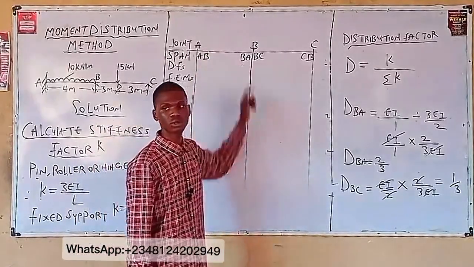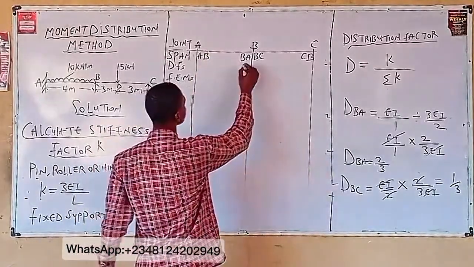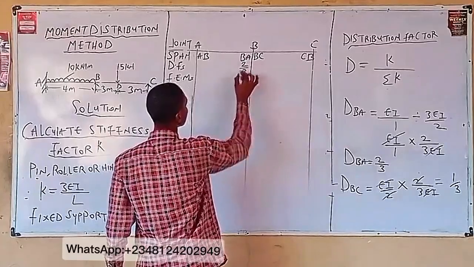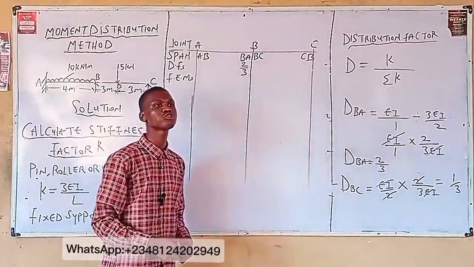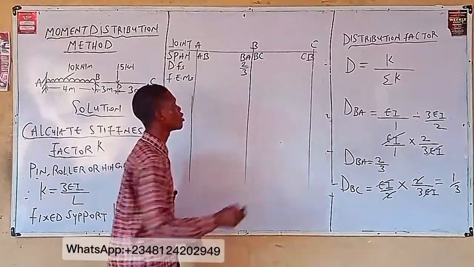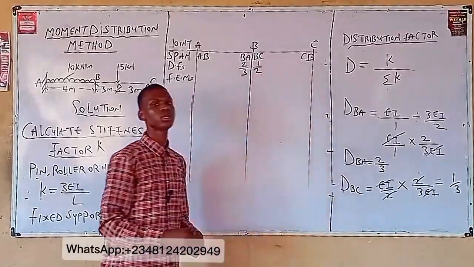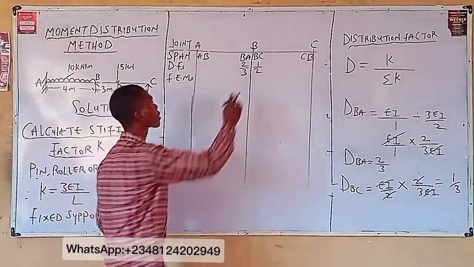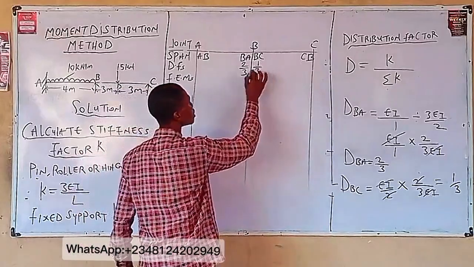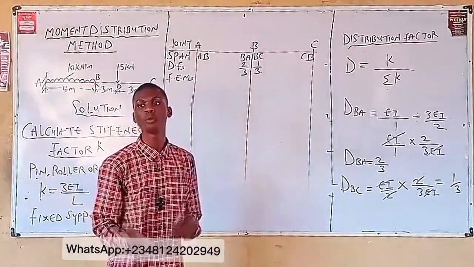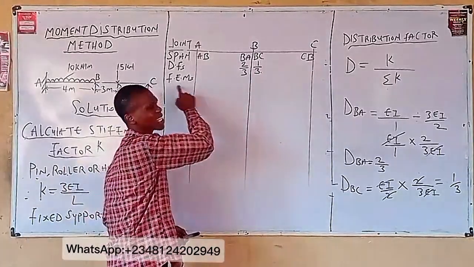And what is this value? So substitute 2 over 3. For span BC, what is the distribution factor? Substitute. What is the distribution factor for CB? There's no distribution factor. So moving on, substitute your fixed end moment.